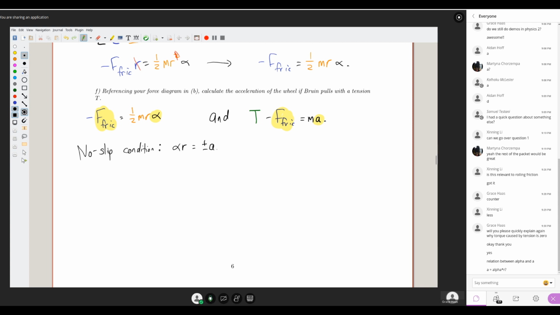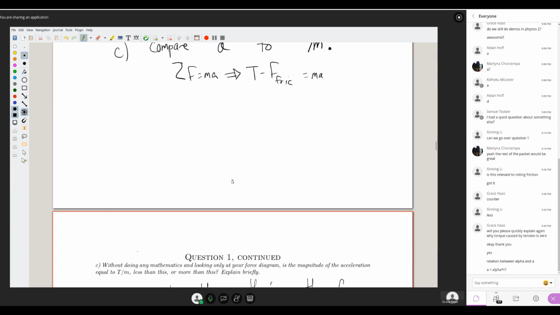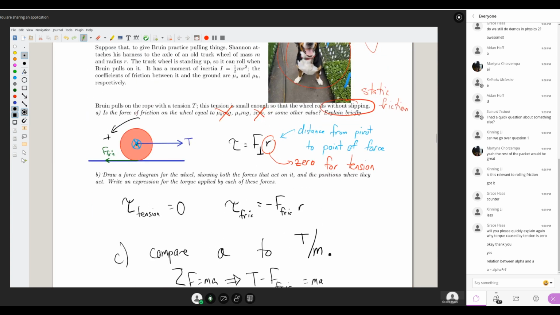So is it plus or is it minus? Yes, Grace, that's right in magnitudes. But we have to think about the sign. So with the coordinate system you have chosen, is this wheel going to move in the positive or negative direction? We chose this to be positive.